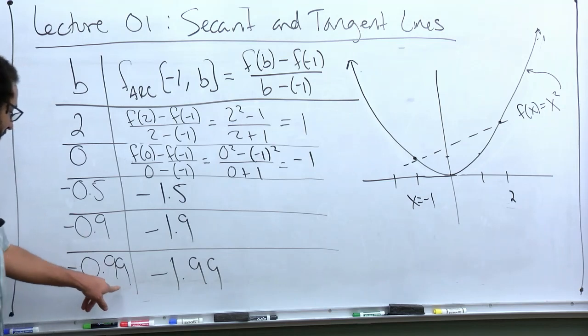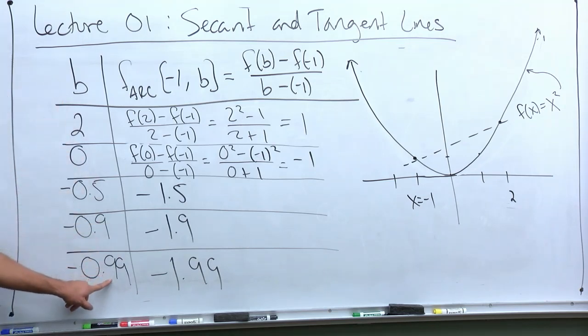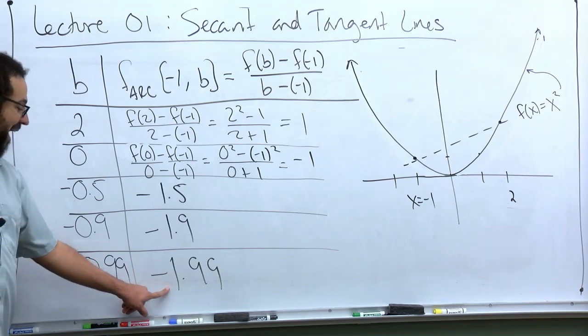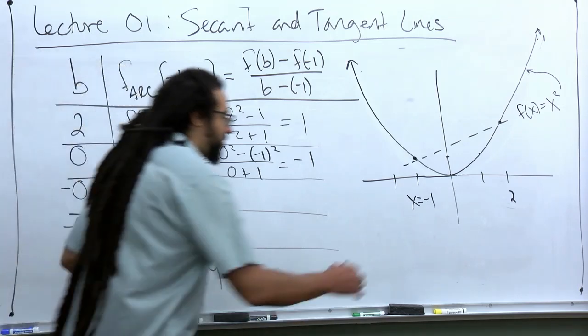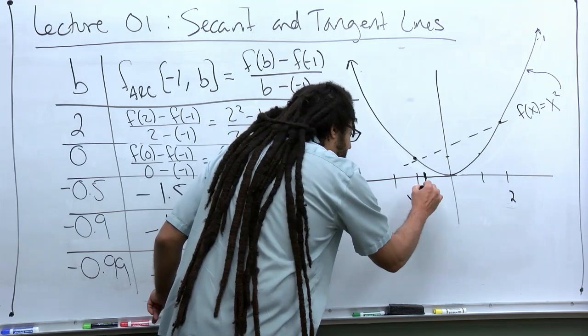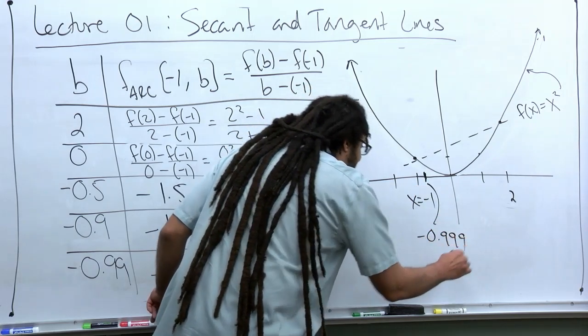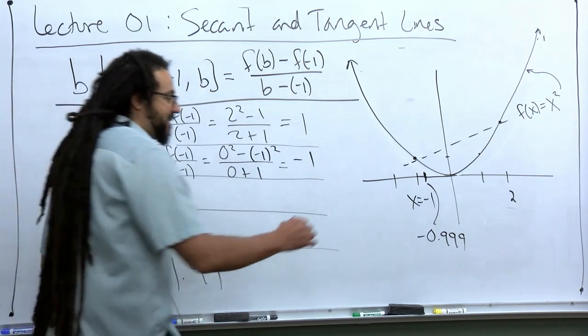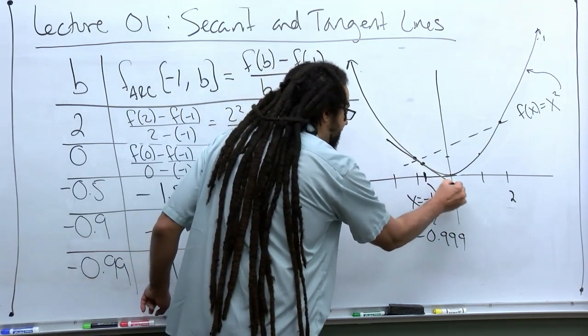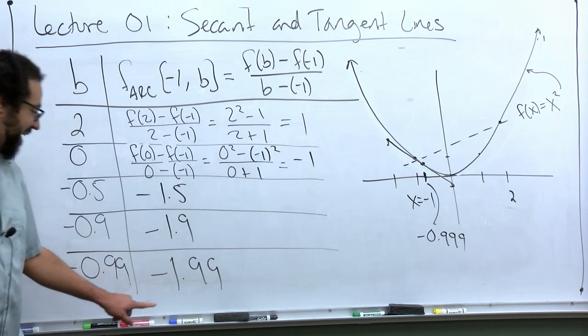And so we can make a guess that if b is equal to -0.999, then the average rate of change there, when b is very close, when we look at that average rate of change, that is essentially the tangent line.